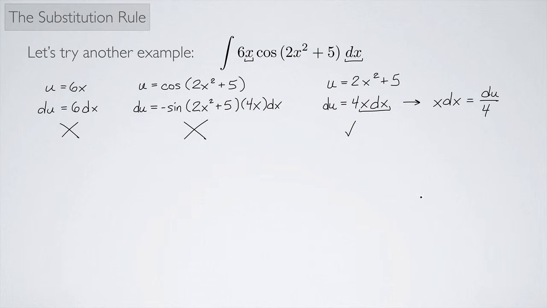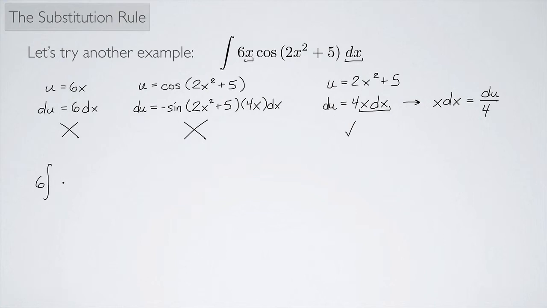Great. Now I can write the integral all in terms of u. Remember, when you're doing the u substitution, you have to have it all in terms of u. No x's allowed. So this is going to be the integral of, so I have that 6 there. I'm just going to leave the 6. In fact, I'll move it outside. Then I'll do the cosine first here.